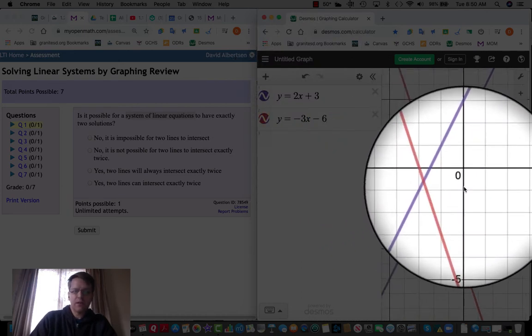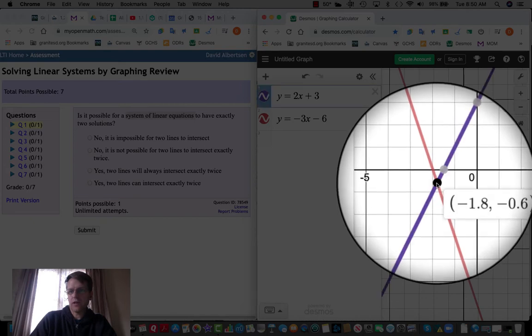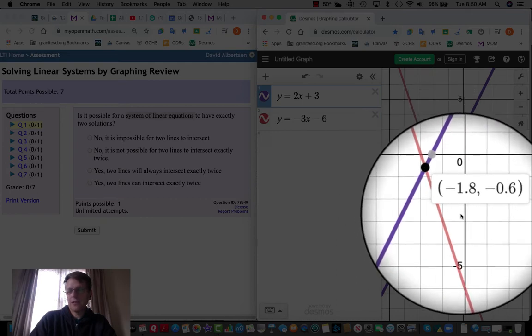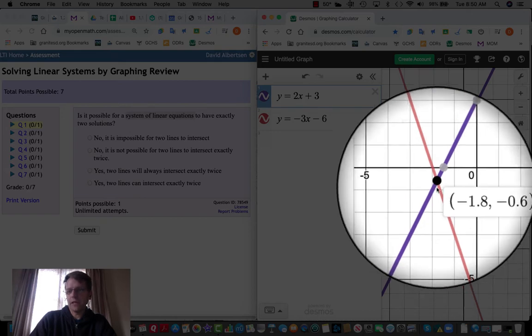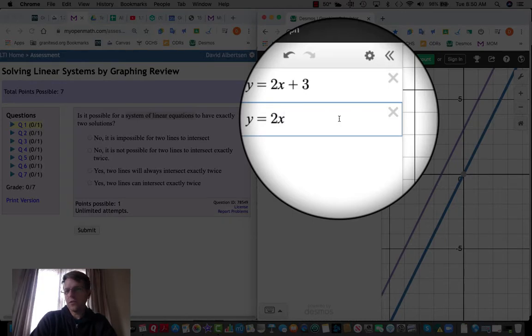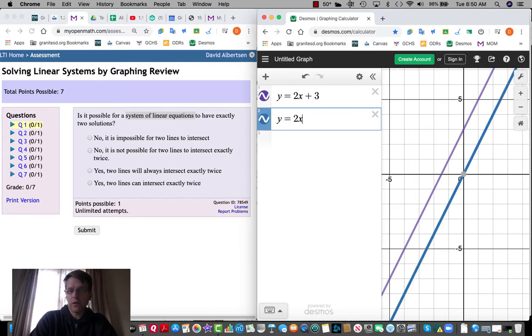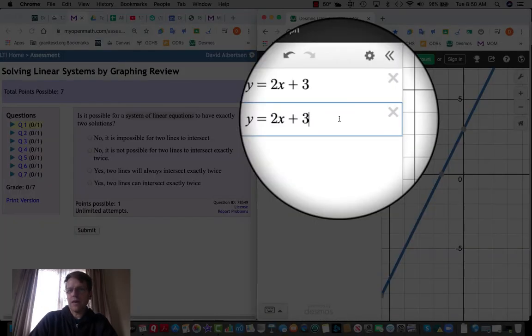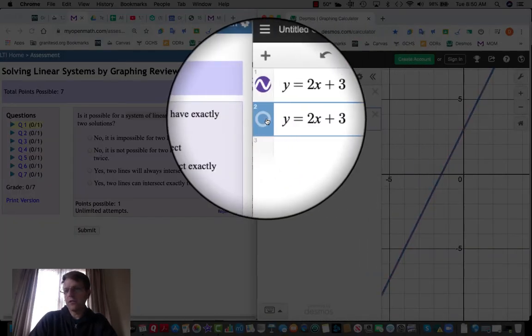So it says, could they have exactly two solutions? In other words, could they cross at exactly two places? Well, we're talking about straight lines. It seems to me that straight lines can either cross at one point, like this, or they could never cross, meaning that they're parallel, or they could cross at every point in the universe because they are the same line as each other, right?